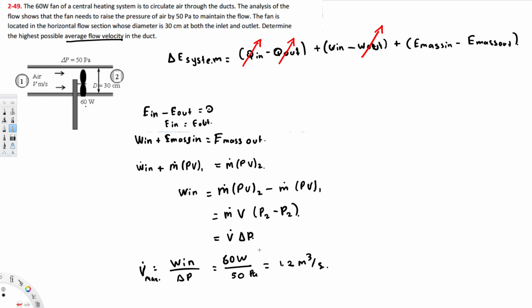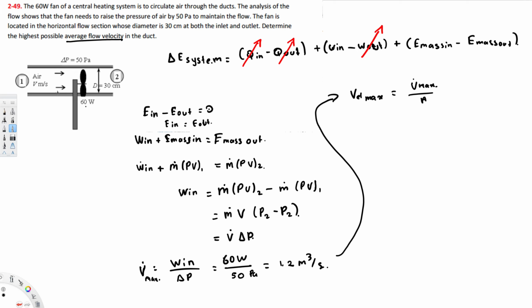Now we have the volume flow rate, and if we divide this by the area, that's going to give us the velocity. So velocity max is equal to volume flow rate max divided by the area. Here the area is going to be a circle, since it's a cylinder, right?